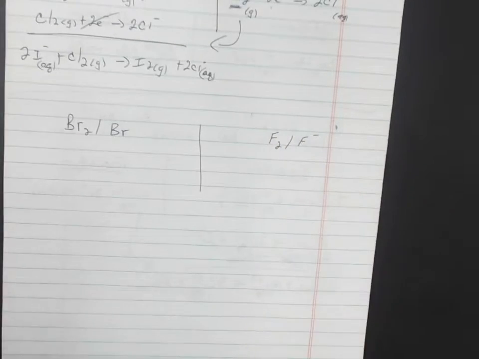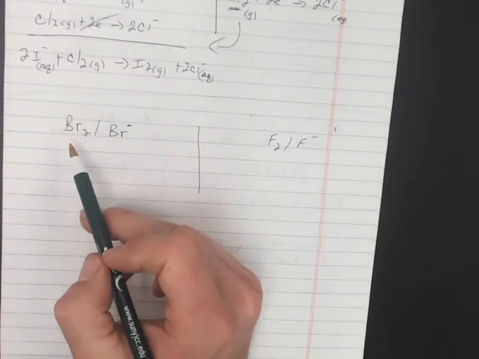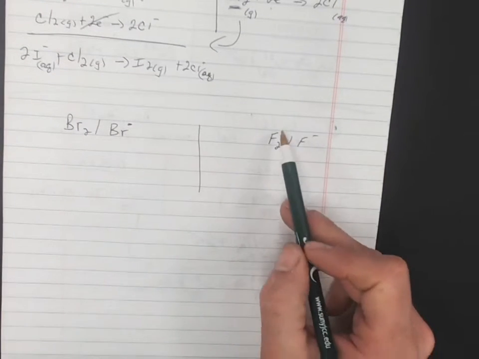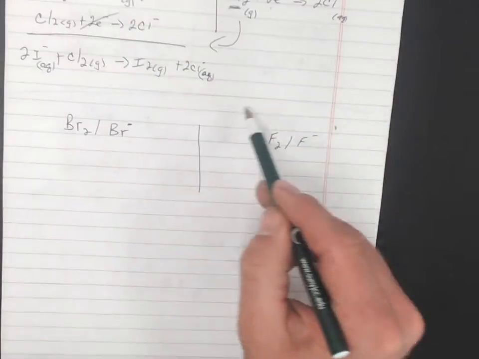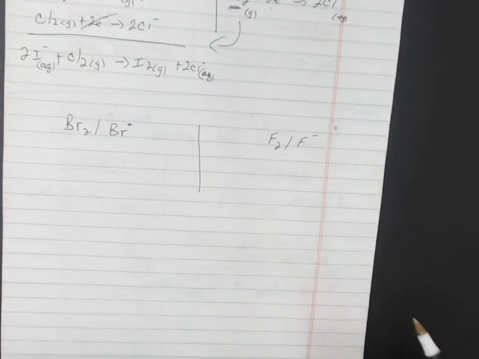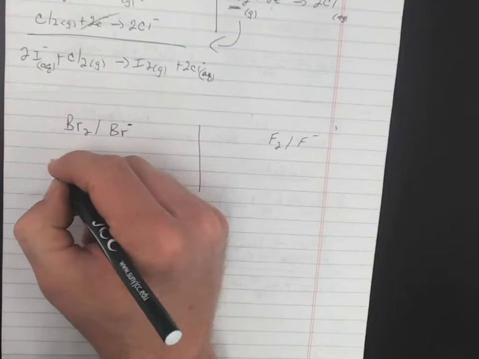I'm giving you bromine and the bromide ion, fluorine and the fluoride ion. Use this exact setup above, reason by analogy, to figure out and write your overall reaction.